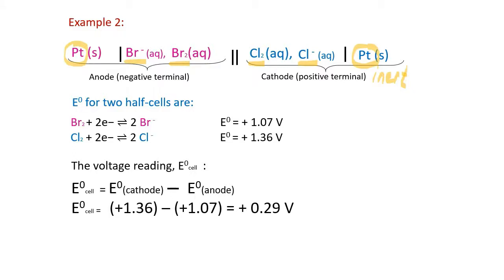The E0 value of bromine is more negative. That's why bromine and bromide are situated at the negative terminal, while the E0 value of chlorine and chloride is more positive.